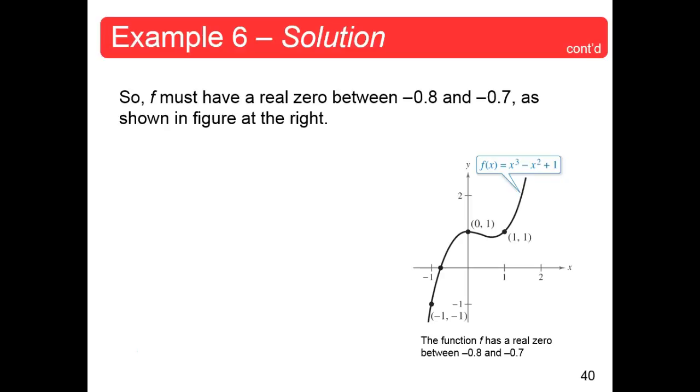Number 3. A polynomial function of degree n has at most blank real zeros. A polynomial of degree n has at most n real zeros, and at most blank turning points.